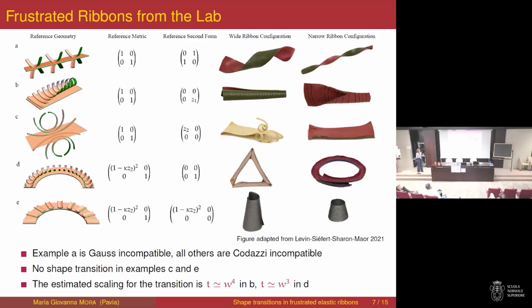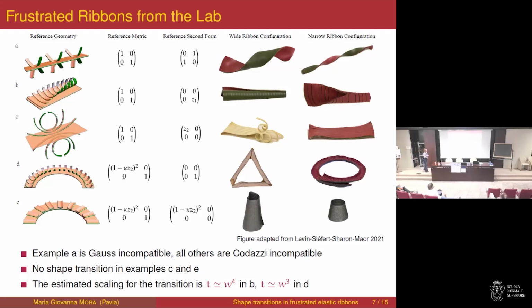While in examples B and D, you see a different shape between wide and narrow ribbons. And in the paper, they also estimate the scaling at which the transition occurs. You see that it's different from the Gauss incompatible case, and it's also different in the two cases.